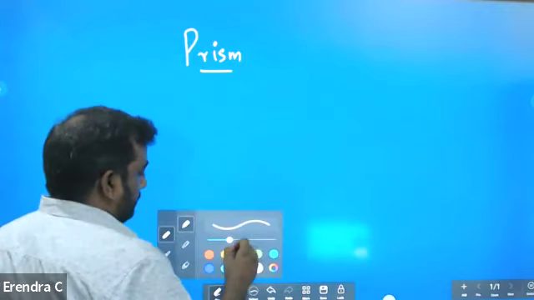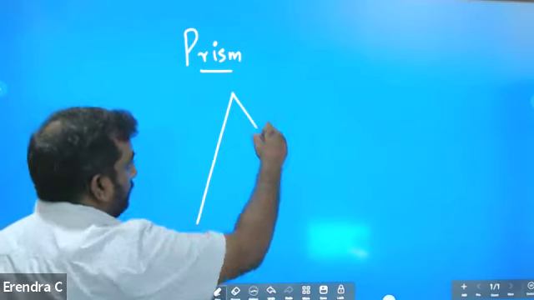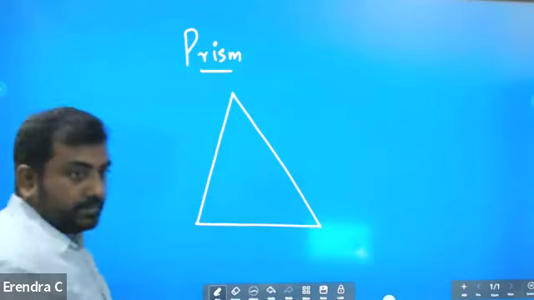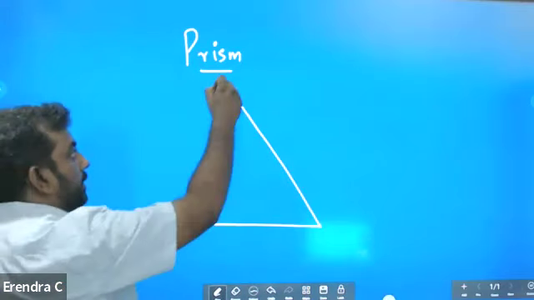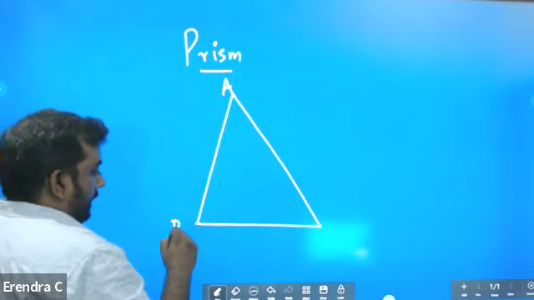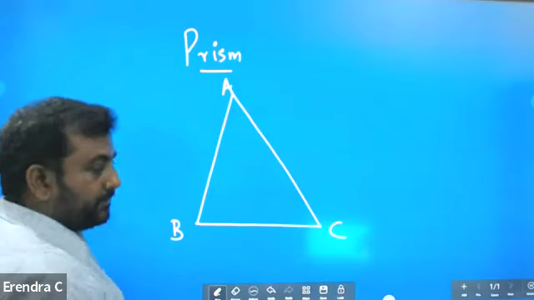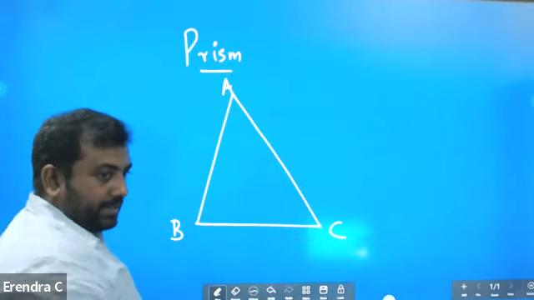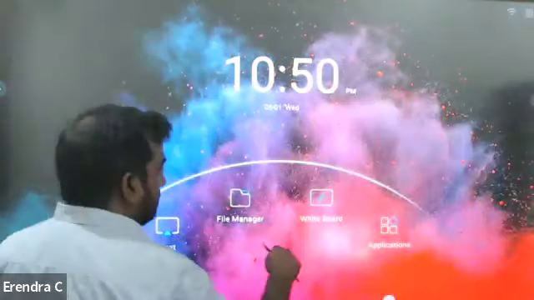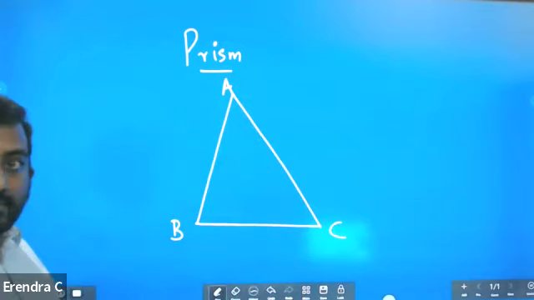If you take a prism with surfaces A, B, and C, then AB and AC are your refracting surfaces, and the base is the rough surface.